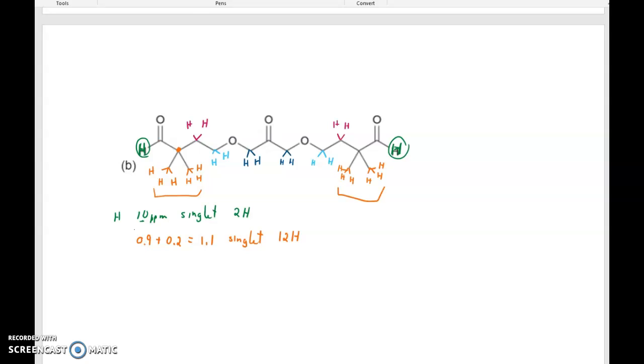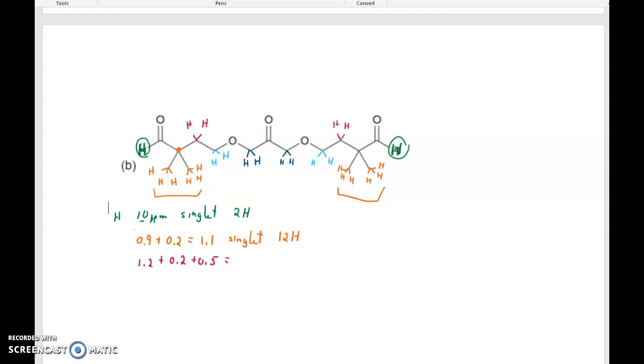So let's go to the pink. The pink are methylene, so they start as 1.2, and then they are 1 away from this aldehyde, from this carbonyl group, so that gives them a 0.2. They are 1 away from this oxygen, which gives them 0.5.